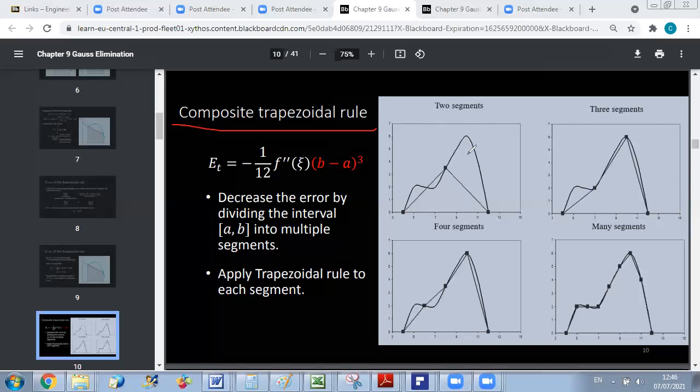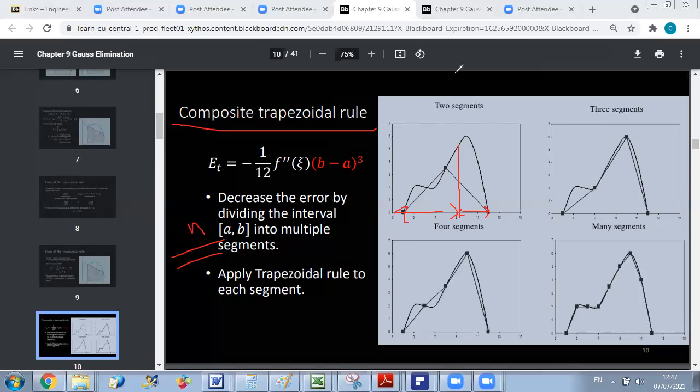Because if we don't, we will have to do a separate calculation for each part. We cannot come up with a general rule. While here in the composite trapezoidal rule, we can develop a general rule depending on the number of segments we select, since all of these segments share the same width.